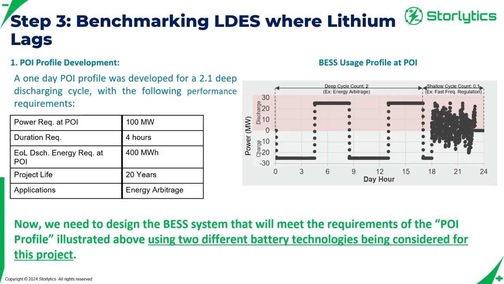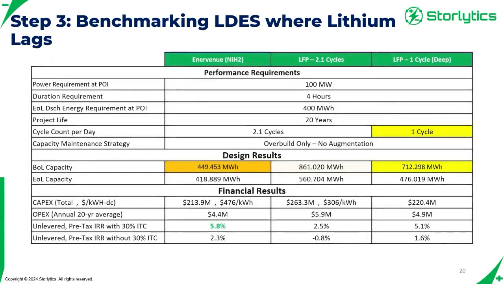And also, the long duration energy storage technology we were benchmarking here was Enervenue's nickel hydrogen battery, which we also developed a very accurate model for. And we knew from that model that it really liked to be cycling. It has a 30,000 cycle life. It can last for 30 years. We also knew that it was high on self-discharge.